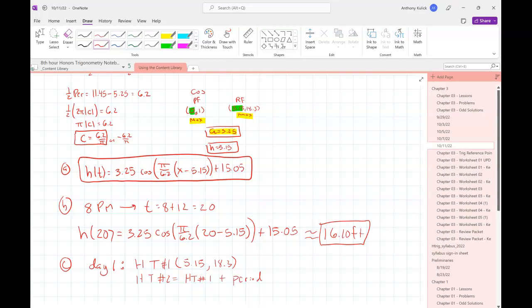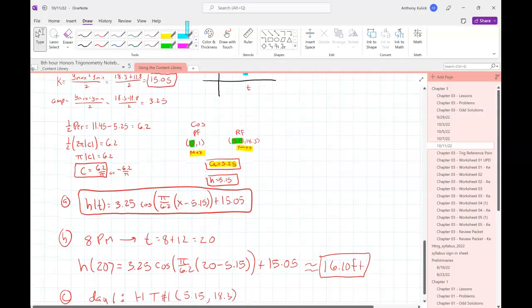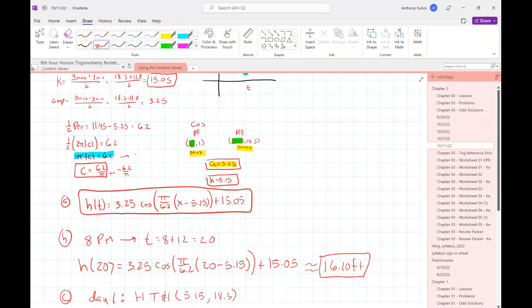It'll just be 1 period later, right? How long was a period? Well, I know that 2 pi times the absolute value of c is 12.4, and that's 1 period.